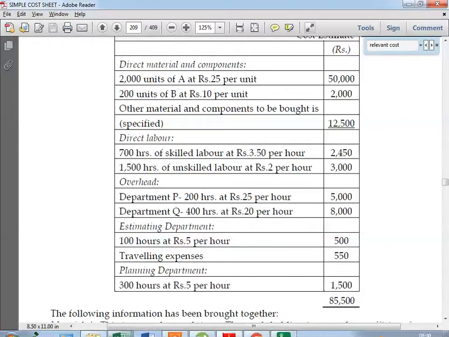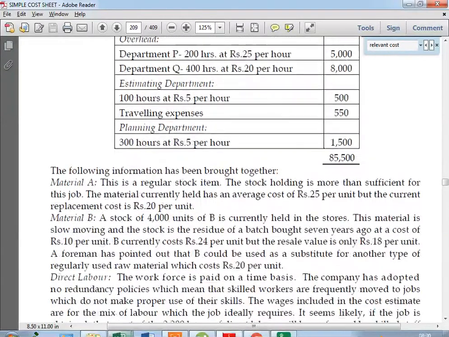Next, direct labor in bracket note 3. Analyze it and let me know the answer. Skilled and unskilled are analyzed through the same note.